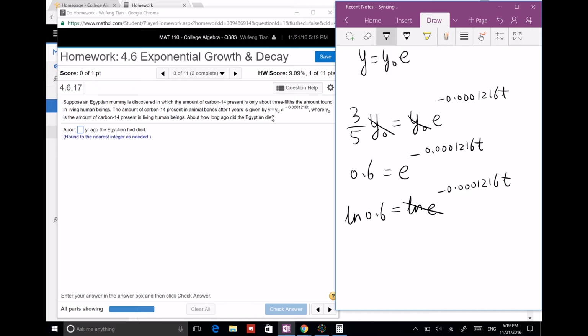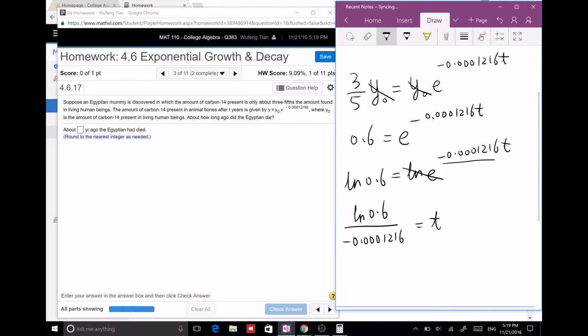So ln 0.6 divided by negative 0.0001216 equals your t. I'm using my calculator: ln 0.6 divided by negative 0.0001216. Nearest integer, so t equals 4,201 years.